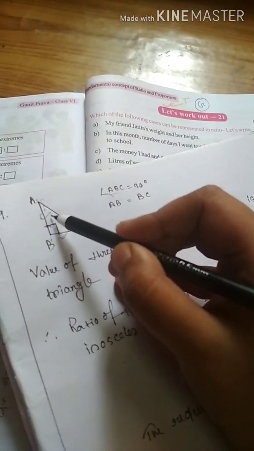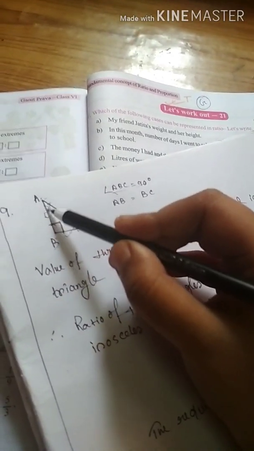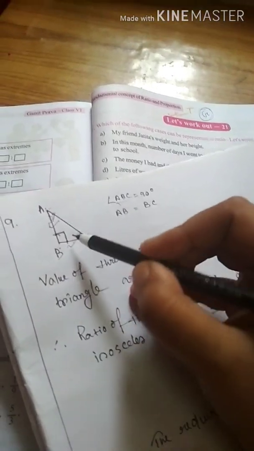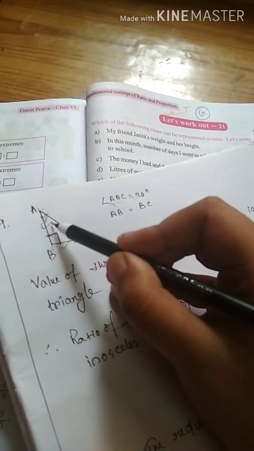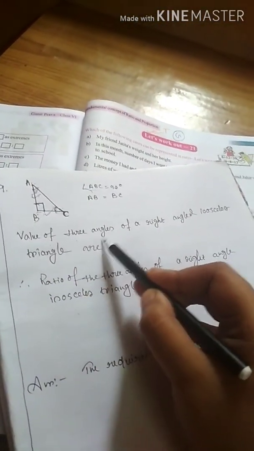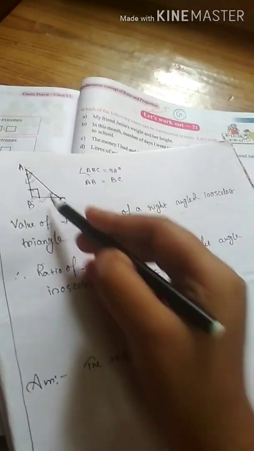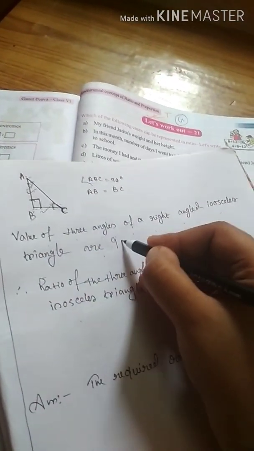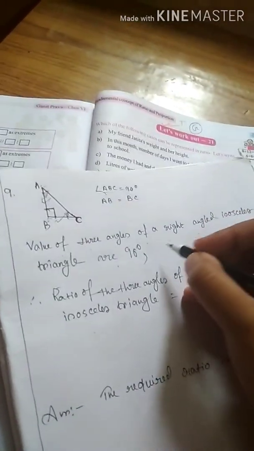In an isosceles triangle, the angles beside the same sides are the same. So what I have written: the values of the three angles of a right angled isosceles triangle are, this one 90 degrees we have already found, and the other two are the same.